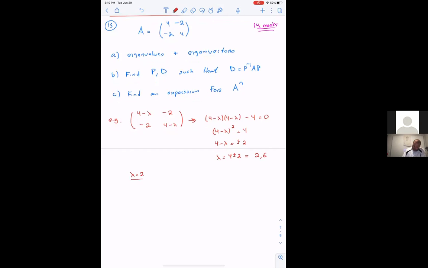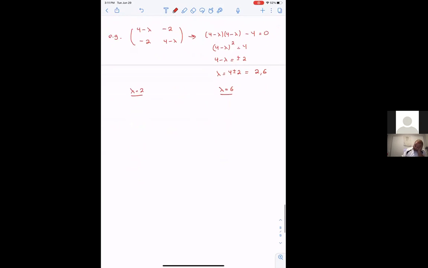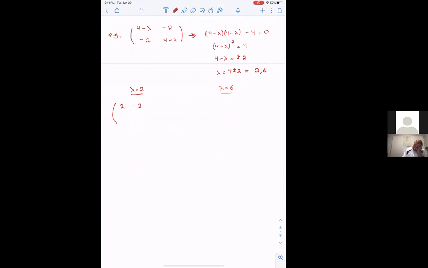Then for each eigenvalue, we are going to find its corresponding eigenvector. How do we do that? Well, if I plug in 2, I get the matrix 2, -2, -2, 2, acting on the currently unknown (x, y) gives me (0, 0). 2x minus 2y equals 0, the same thing as x minus y is equal to 0.